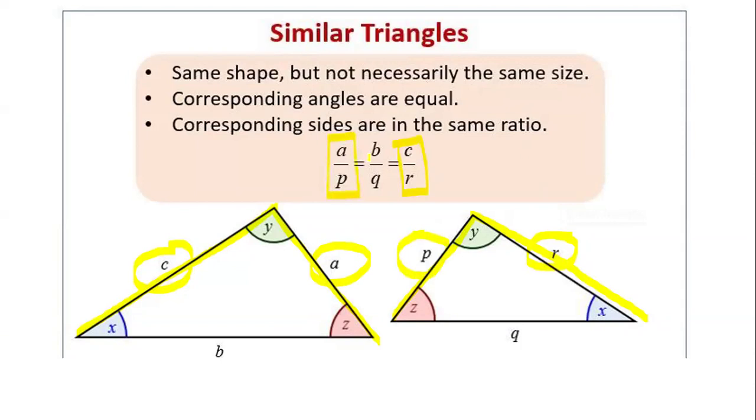But what we know is that for similar triangles, this ratio and this ratio and this ratio are equal to each other. That's the understanding we're going to move forward with when answering this question.